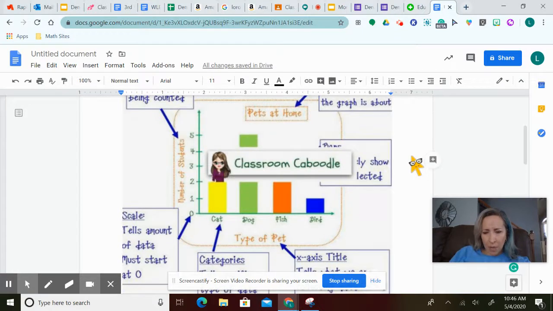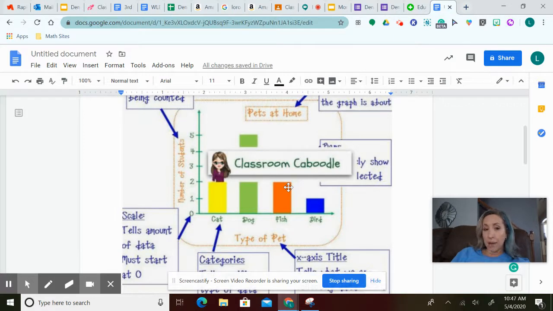You also have to have your bars. Okay, so I know you can't really see this, it's kind of blocked out, but it says bars. So a bar graph uses bars to represent and show the data. So they're putting their bars going vertically, but you can also do your bars going horizontally.